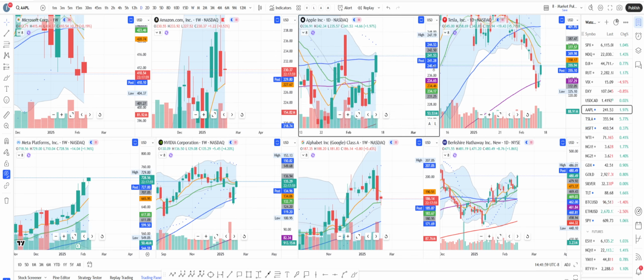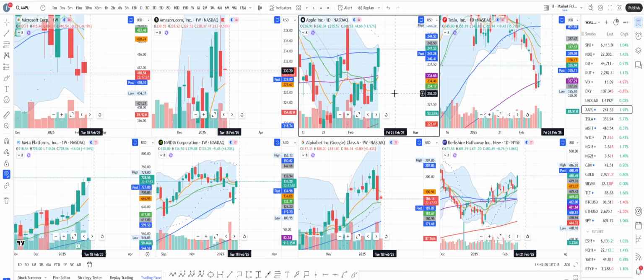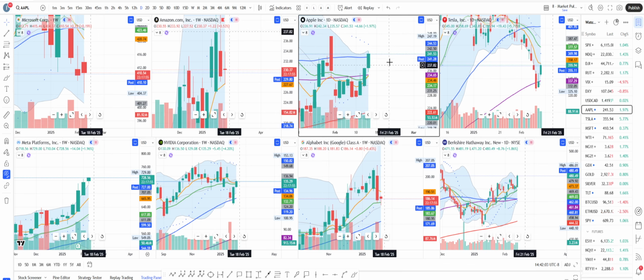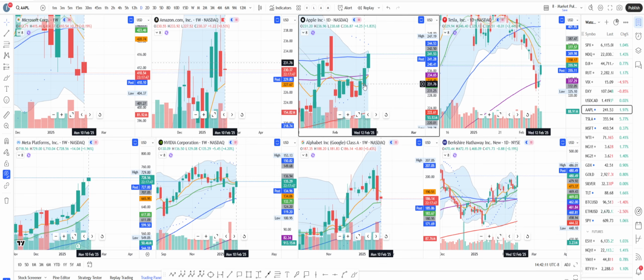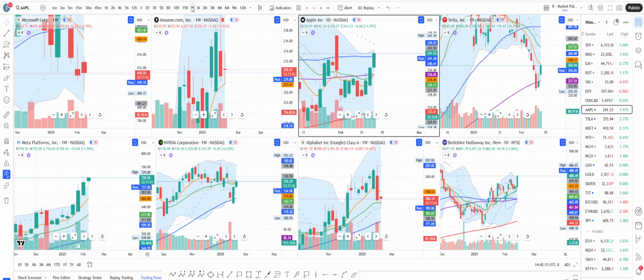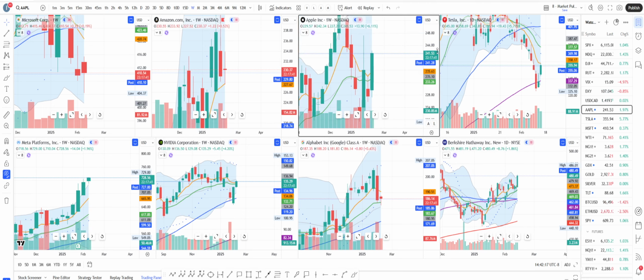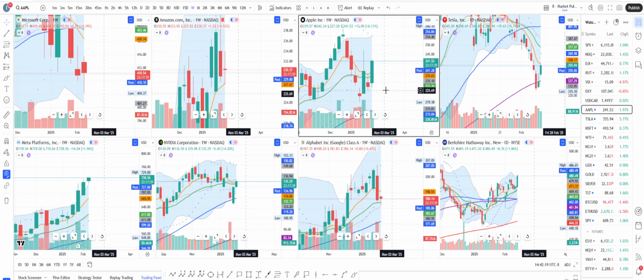Apple is very optimistic here, and if it closes the week with a nice candle, we might see a very strong rally. This looks like three white soldiers on the daily frame, and the weekly so far looks very promising.